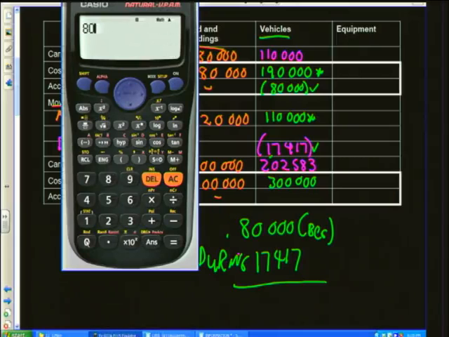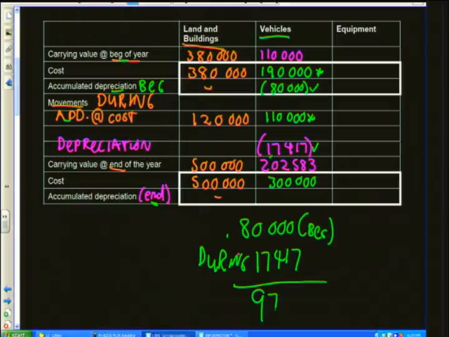Okay, so 80,000 being my opening balance plus the additional depreciation, 17,417. So at the end of the year, in total, we've written off 97,417. And this figure obviously must be in brackets, guys.